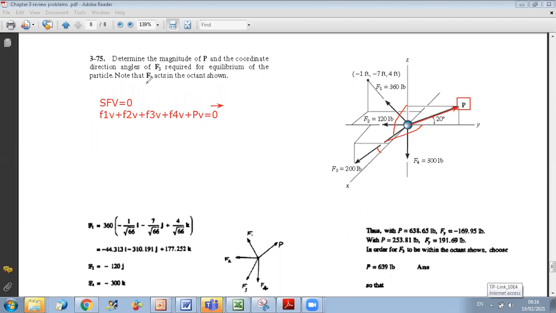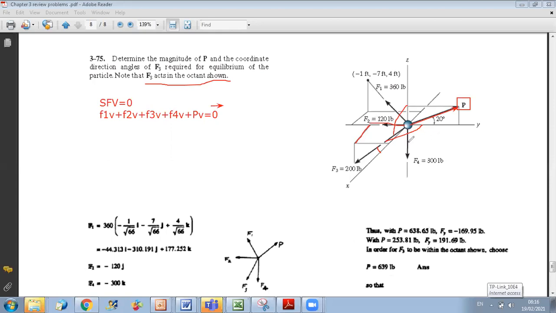Because look, they said F3 acts in the octant shown. In this octant, as you can see here, X is positive. This means that the angle with x will be smaller than 90. Now, the projection on y is negative, so the angle with y will be higher than 90.